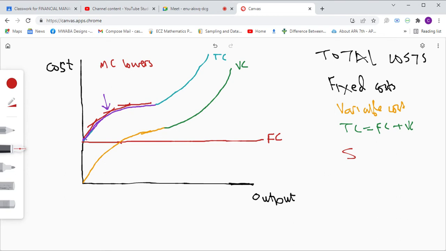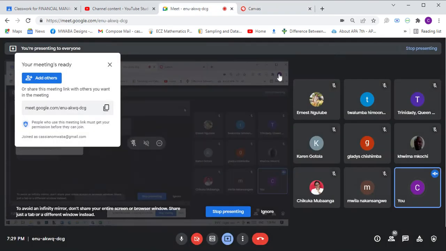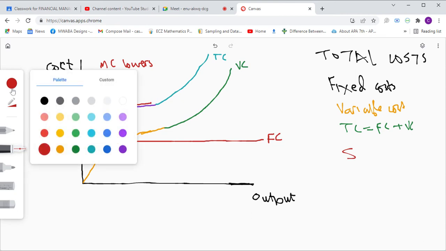So as we hire more workers, there's going to be a point where the capital is going to be overstrained. The capital will be overstrained, and our total costs are now going to start increasing at an increasing rate.